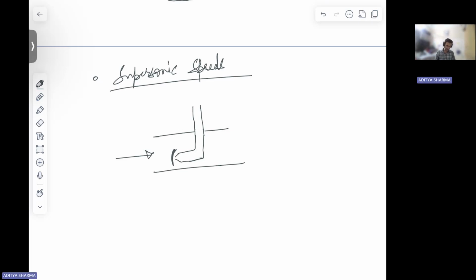In that case, let's say this was region 1, this was region 2. Here the pressure was P naught 1. Behind the shock, the total pressure will be P naught 2.